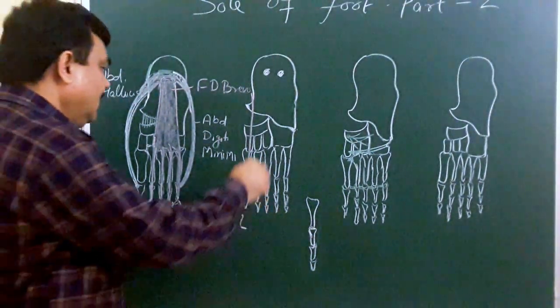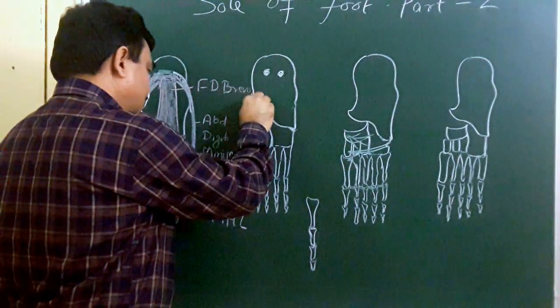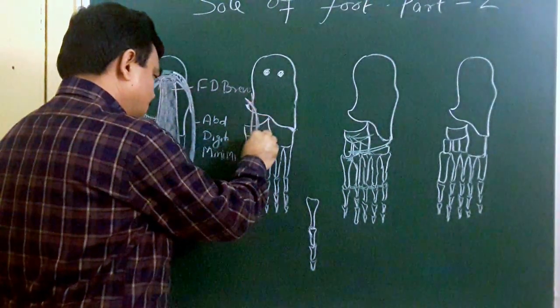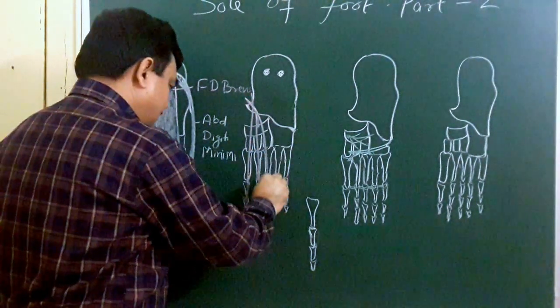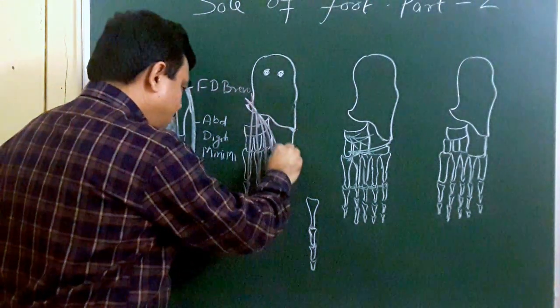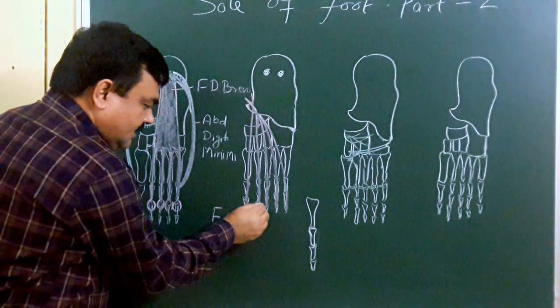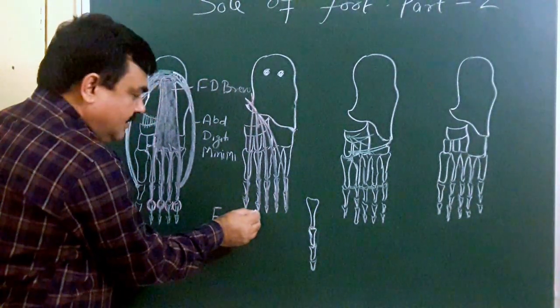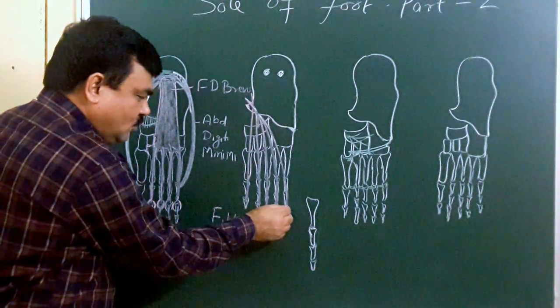And then there is flexor digitorum longus, which has 4 tendons, inserted on the base of the terminal phalanx of the second, third, 4th and 5th toes.